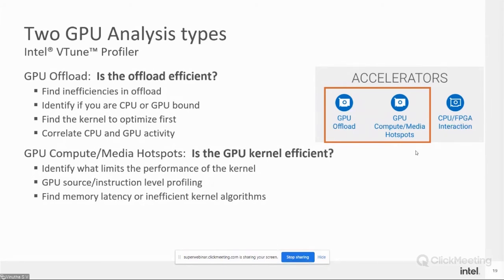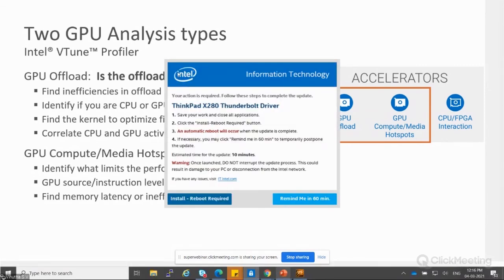GPU Offload is one of the GPU analysis types, which can be used to identify if your offload is efficient, whether it is CPU bound or GPU bound, and what the top time consuming kernels are that you should choose for optimizing next, and so on.